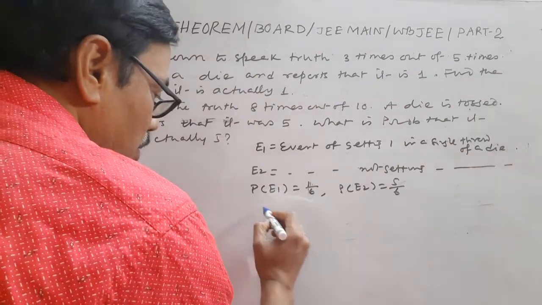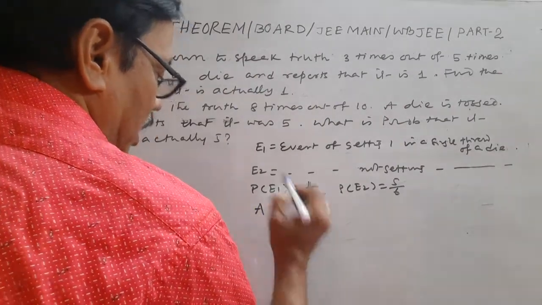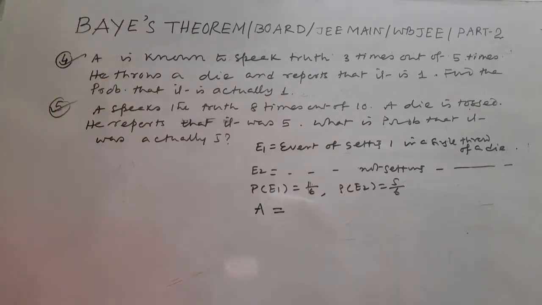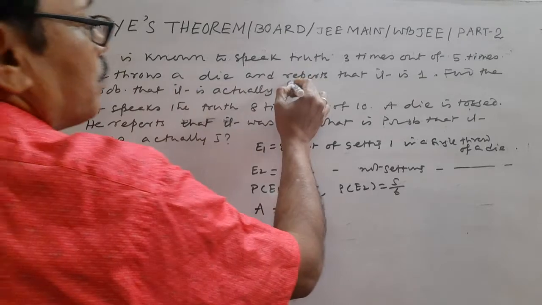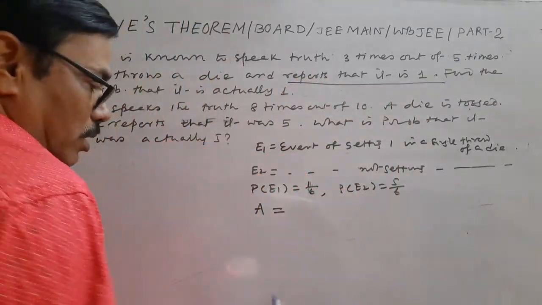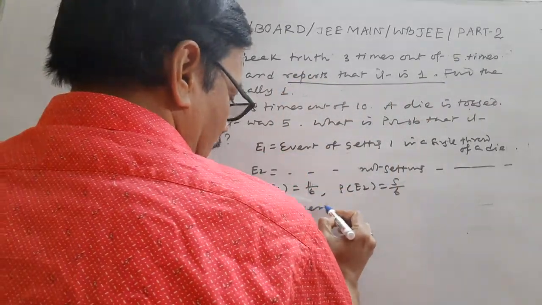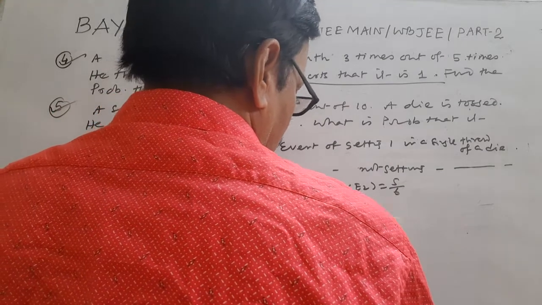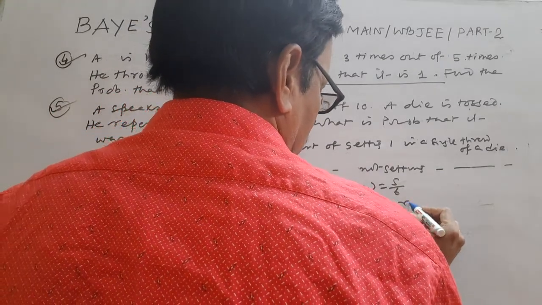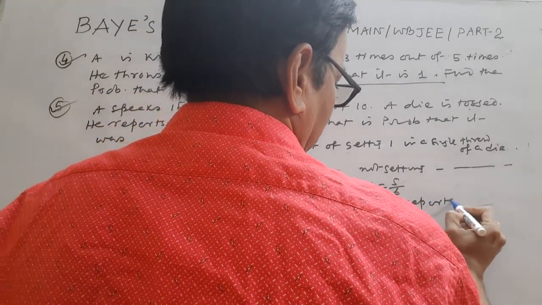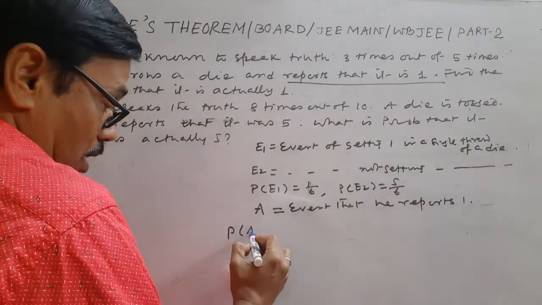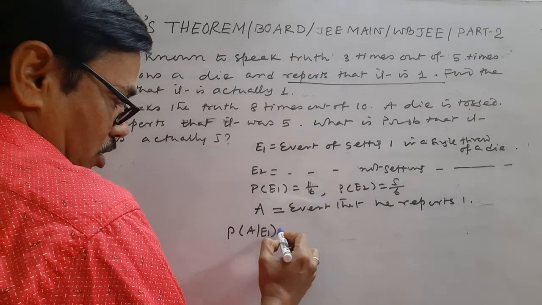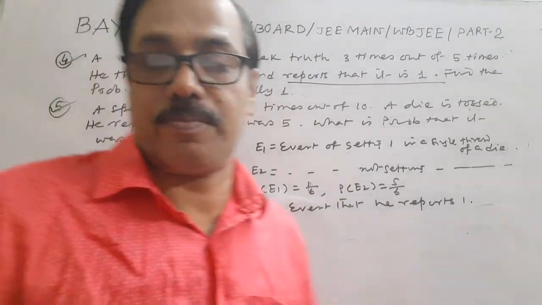Now we have to define an event A related with E1 and E2. He throws a die and reports that it is 1. A means the event that he reports 1. So P(A/E1), this step to be noted.